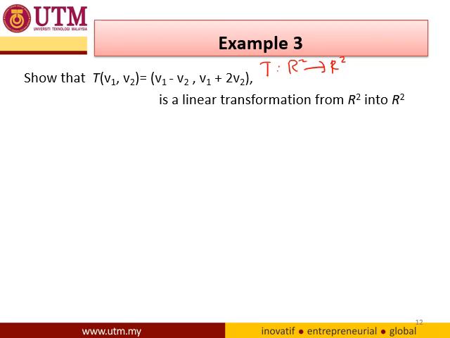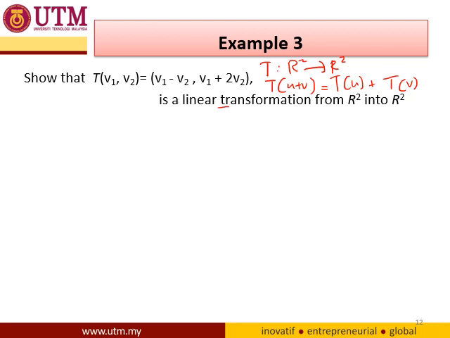Okay, and we know that we have two properties to fulfill if we want to show that it is a linear transformation. The first property is the addition, right? So we will have the transformation of u plus v must equal the transformation of u plus the transformation of v.